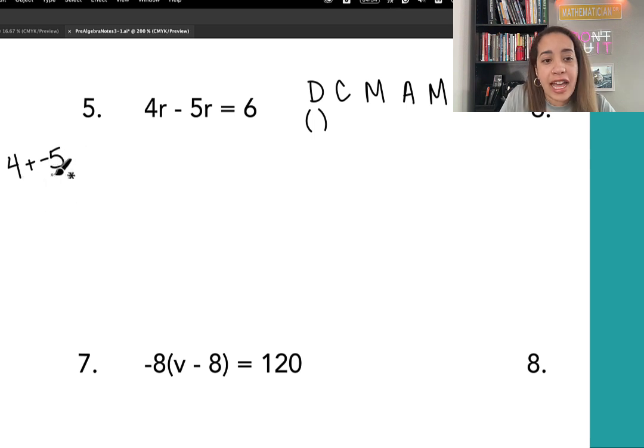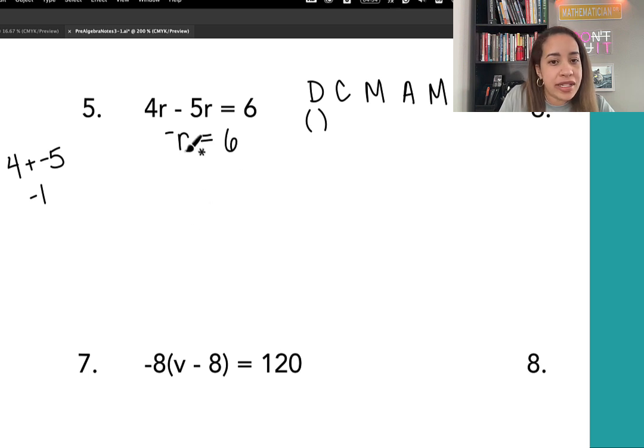So we are adding integers that have different signs, so we say different signs subtract. 5 minus 4 gives us 1, and then our higher absolute value had a negative sign, so we do get a negative 1. When we write it, we can make that 1 invisible. So this is like negative invisible 1 r is equal to 6.